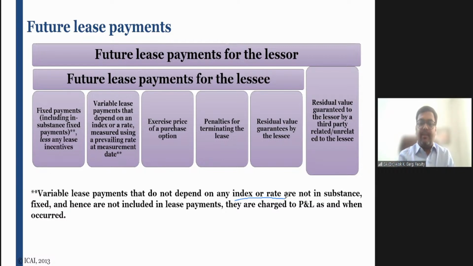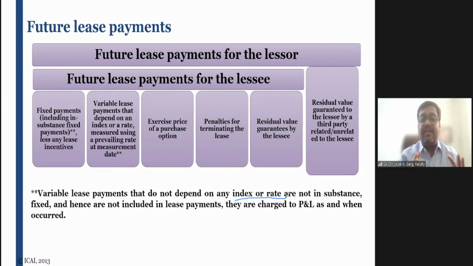For example, the lease rent is 100 rupees, and it will increase as per the wholesale price index, consumer price index, as per the inflation. So this increase in lease rental is dependent upon some index or a rate. So this has to be considered in substance a fixed payment, right?